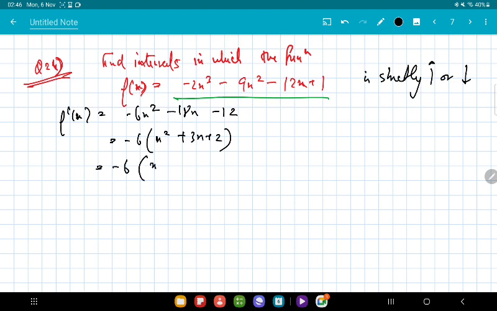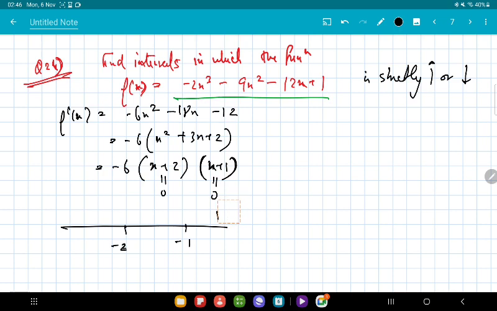Once you do it, you will make some factors. Now put that equal to 0, you will get critical points -2 and -1, right? If I put any number, 0, the signs are negative, positive, negative.